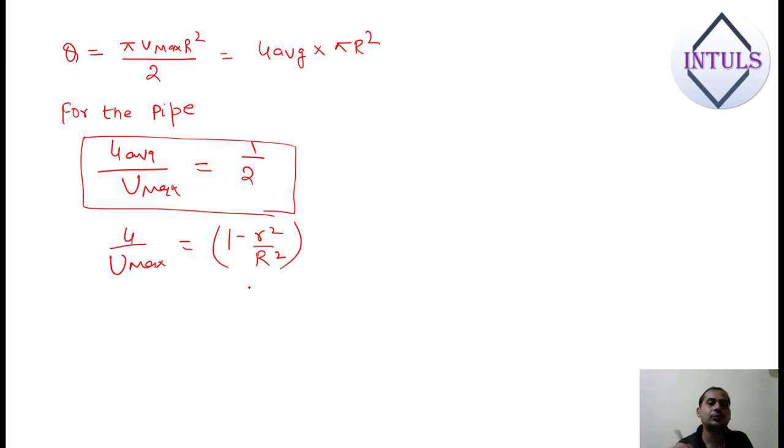If you want to get the relation between u and u average, it will be 2 into 1 minus small r square by capital R square.